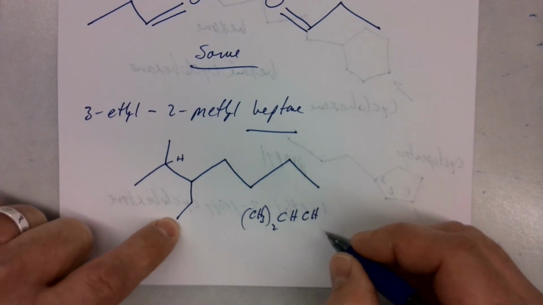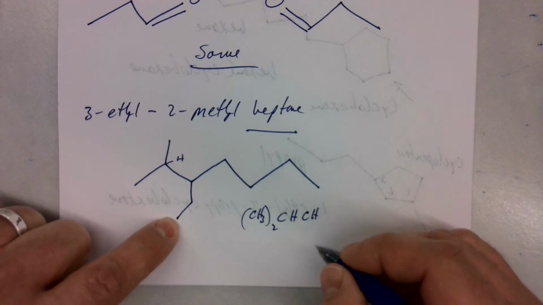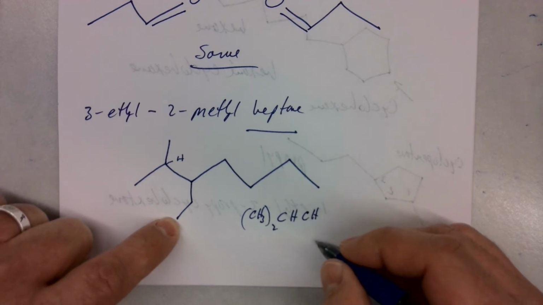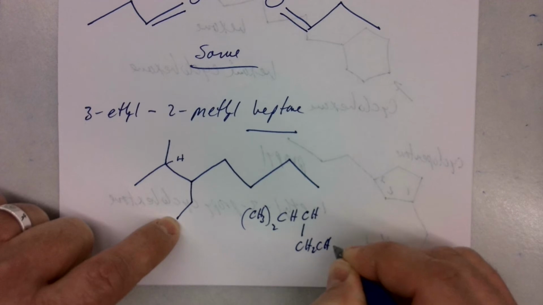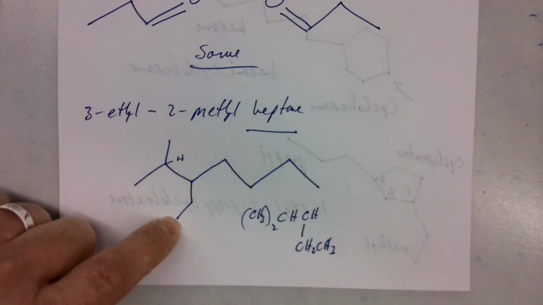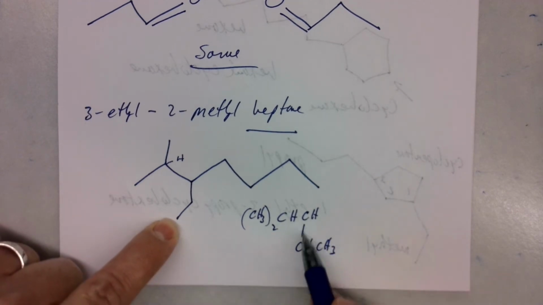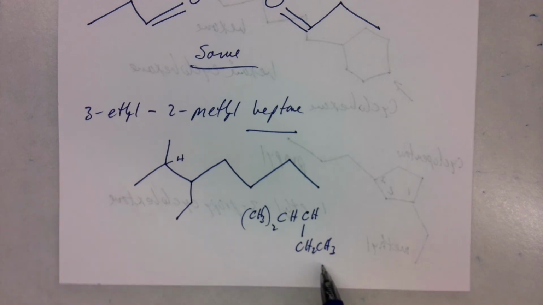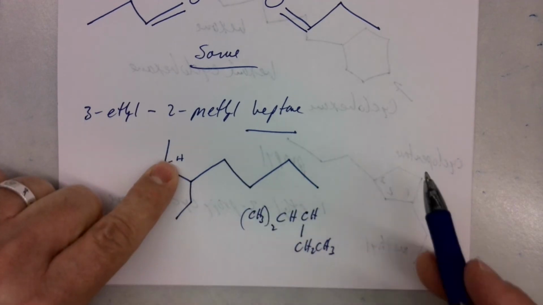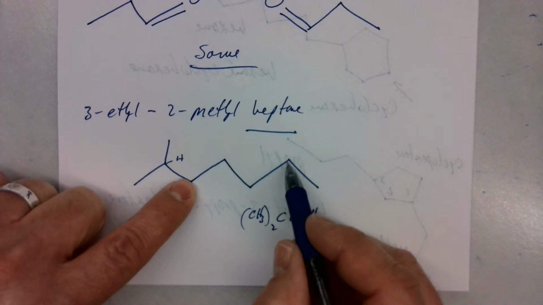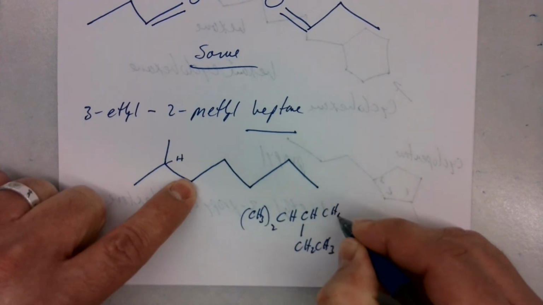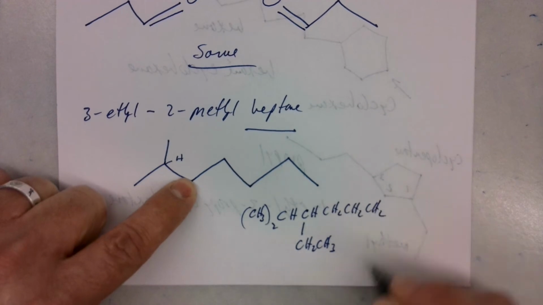Now, what would be probably the best way to draw that so I know it's a branch? I would probably do this. Like that other way. Remember that other way I showed you last time with the little line telling me that on that carbon right there I've got this other branch? Because didn't we do a couple of these last time? Okay. And then I can just go finish this out, right? So from there, I'm going to have 1, 2, 3, what? So I could go CH2, CH2, CH2 like that.